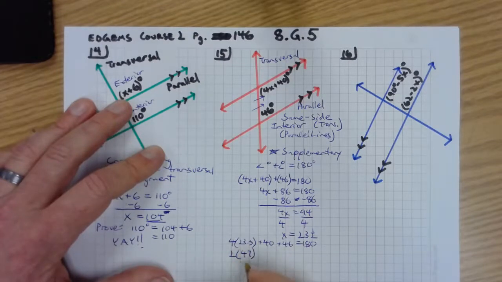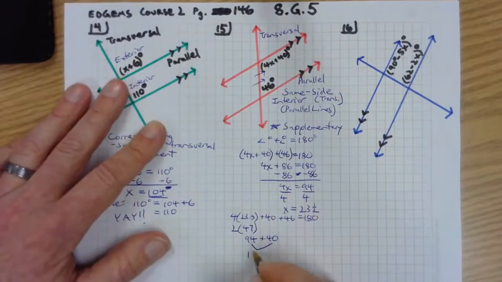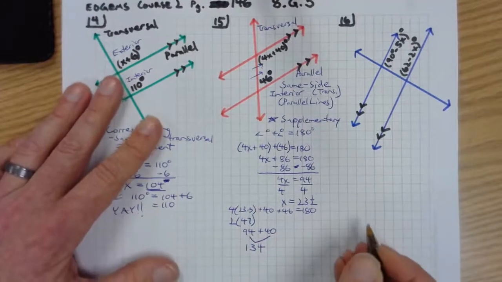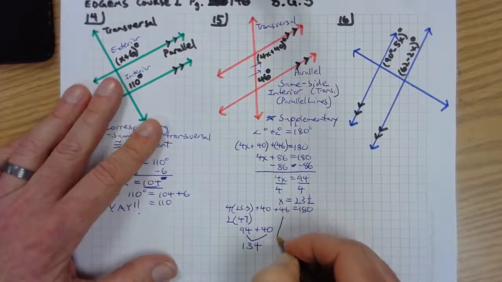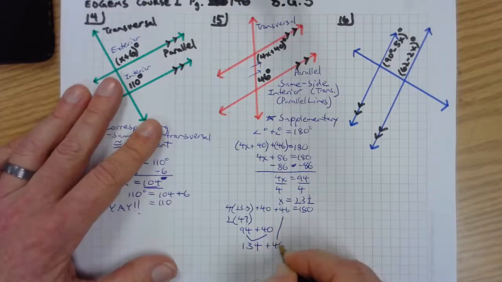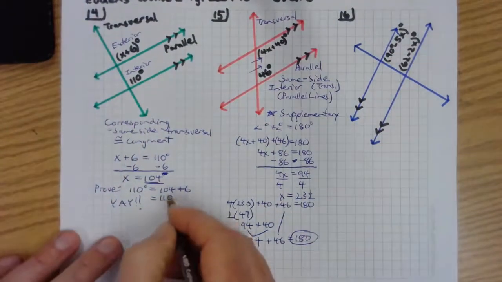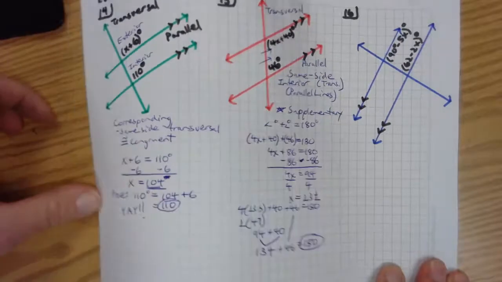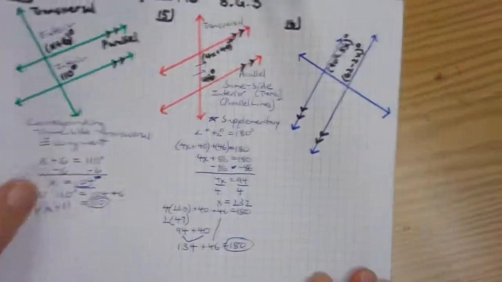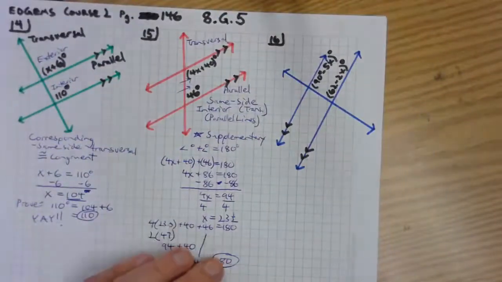And 2 times 47 is 94. Plus 40 is 134. Sorry, I went off screen there for a second. And then 134 plus 46. Yay, it's 180. I'm so happy because I only do one take on these videos, and if I make a mistake, I get really flustered. Here we go with our third and final problem.